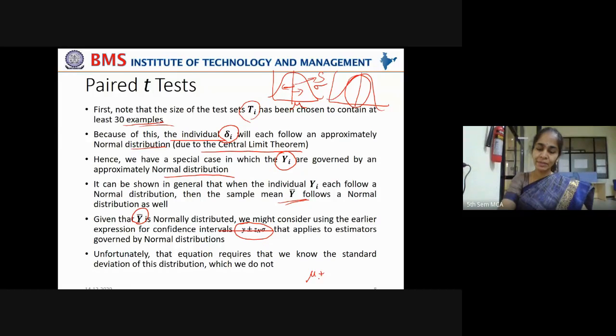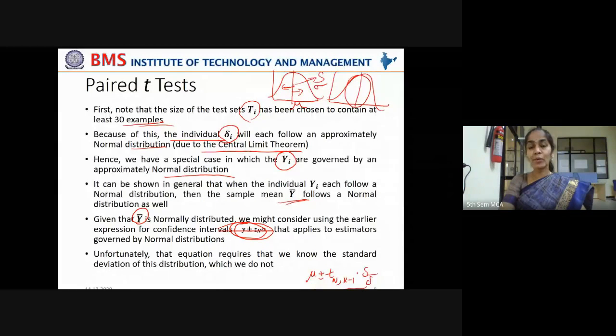Instead of writing it as mu plus or minus the critical value t at n% confidence interval and k minus 1 degrees of freedom multiplied by s, the standard deviation of delta bar, and instead of writing all this, because this delta bar is following a normal distribution, why don't we write directly y plus or minus z and sigma, to make our representation more familiar like before, more easy to understand, which applies to estimators governed by the normal distribution.